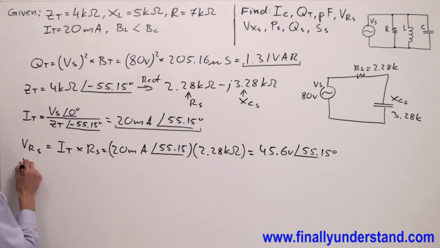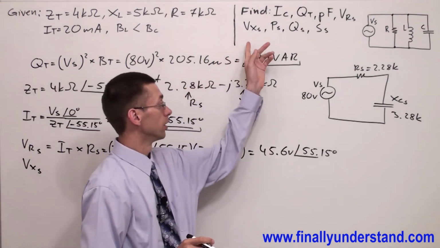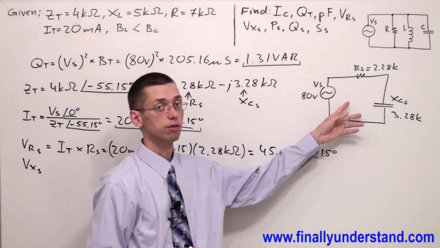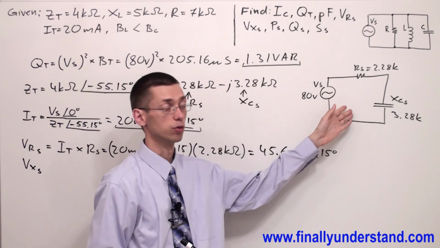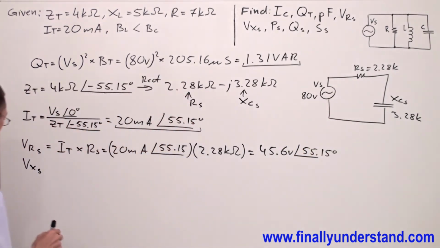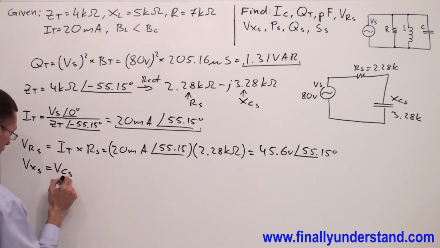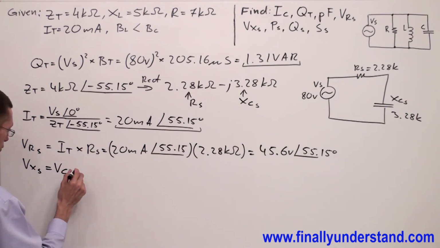Next we're supposed to find the voltage across the capacitor. We're supposed to find VXS, which means the voltage across the reactive component in the series equivalent circuit, and we found that the reactive component is a capacitor. That's why I'm going to write that VXS is equal to VCS, because this is the capacitor in the series equivalent circuit.